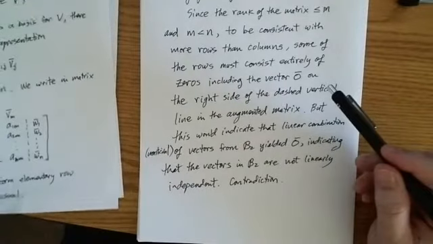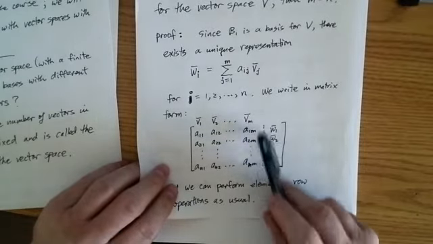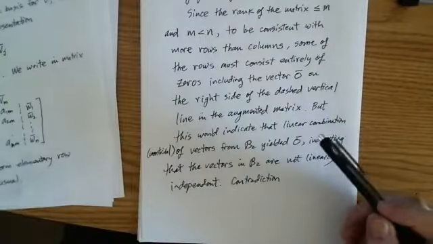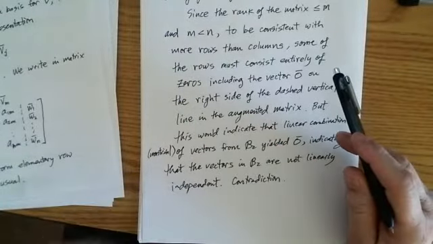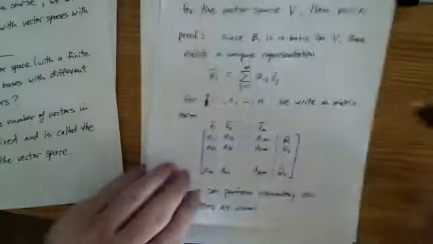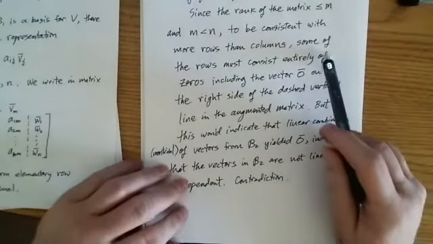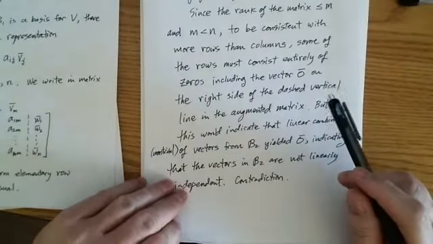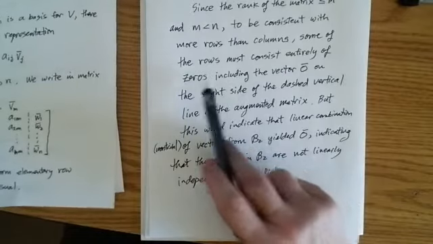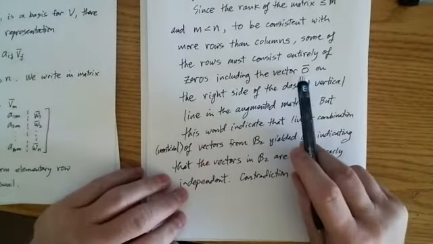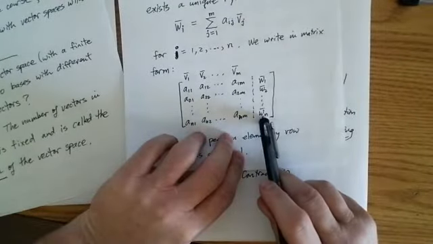Since the rank of the matrix is less than or equal to m, because it contains m columns to the left of the dashed vertical line, and m is strictly less than n, to be consistent with more rows than columns, the only way it could be consistent is if I end up with at least one row, and maybe more, at the bottom consisting entirely of zeros. And to be consistent, I would have to get the zero vector on the other side.